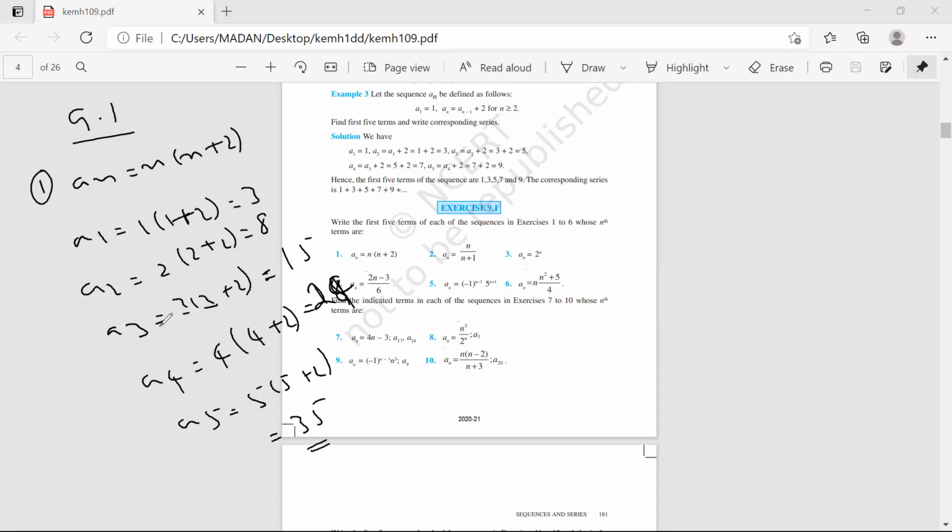So a1, a2, a3, a4, a5: just replace n with 1, 2, 3, 4, 5. That's all. You will get the first 5 terms.